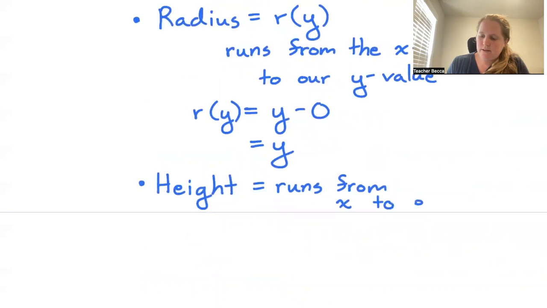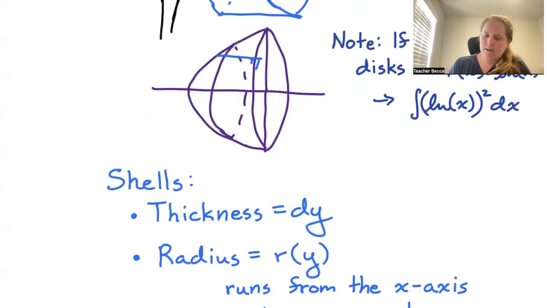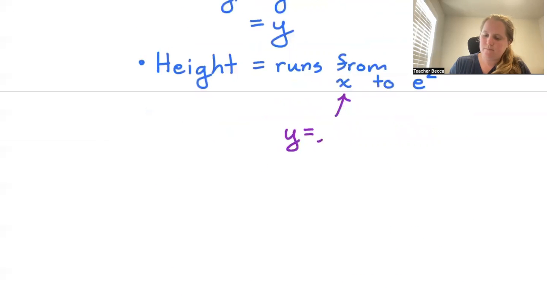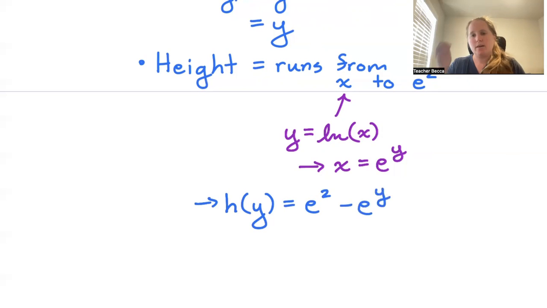To figure out x in terms of y, we have y equal to natural log of x, which means that x is simply e to the y. And so we have that our h of y is e squared minus e to the y.